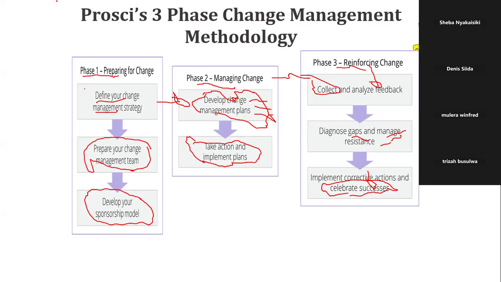Buy-in is not about arresting. To use a system, the stakeholder must see value in it. Again, like Winfred said, it's not just about working. So both of you, Dennis and Winfred, have really given us context in a real life situation.